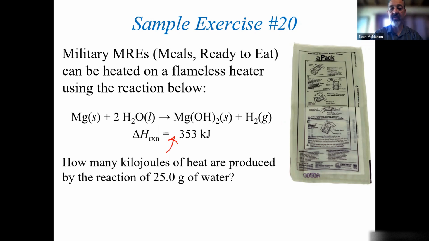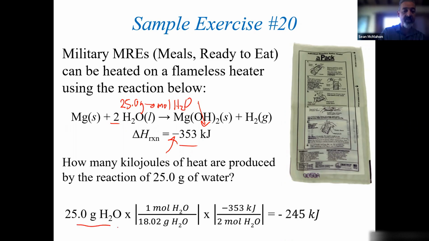How many kilojoules of heat are produced if I start with 25 grams of water? So I'm going to convert grams of water to moles of water. And then I convert moles of water to kilojoules because there's 2 moles that release negative 353 kilojoules.